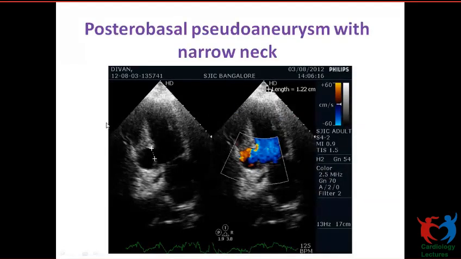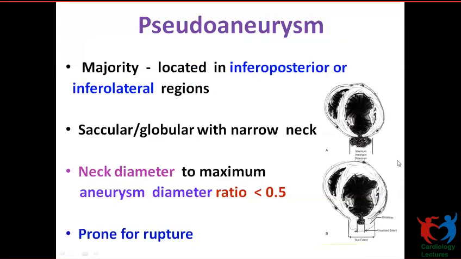So this is a post-infarction pseudoaneurysm with a narrow neck. Here is the pericardium. The common question is the difference between pseudoaneurysm and true aneurysm.